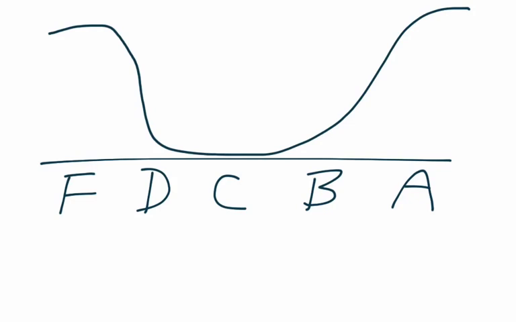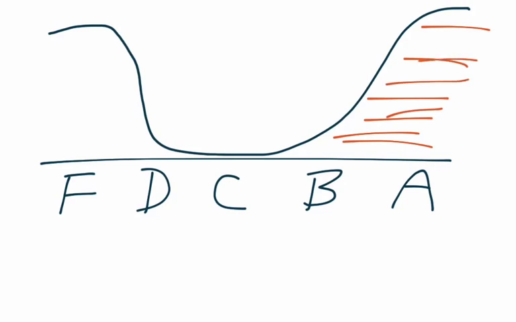I usually have a healthy number of students in the A and B range. Not a lot of C's and D's. C's and D's are not super, super common. So if you're a student who lands in that C-D range a lot, you don't have a whole lot of company. And then lots of F's.